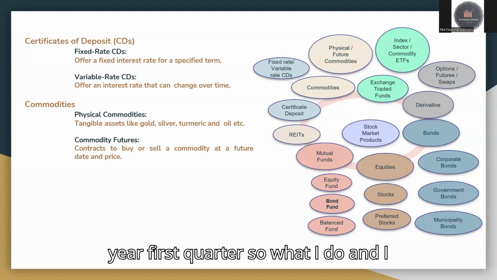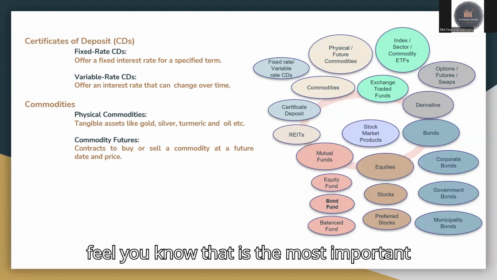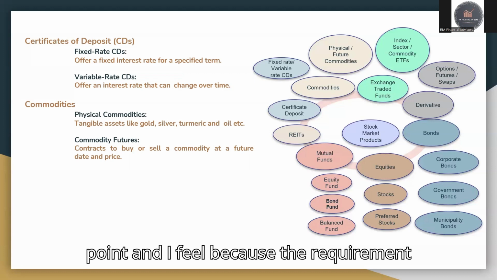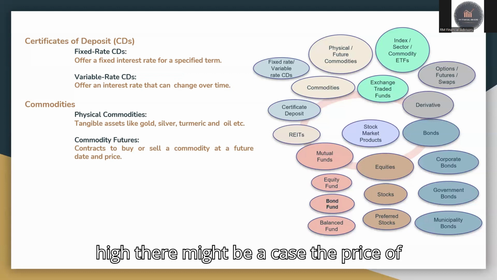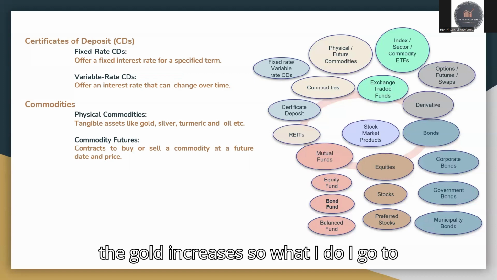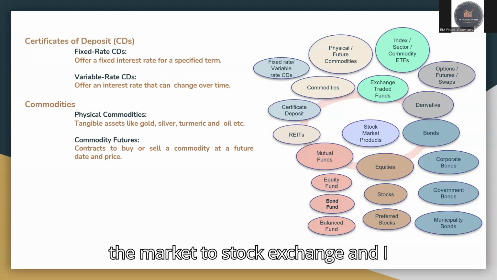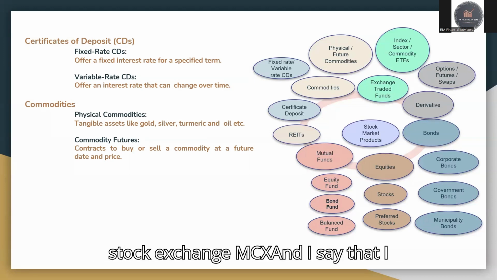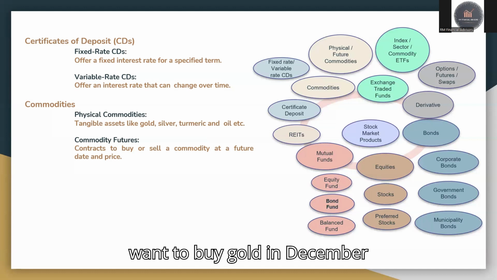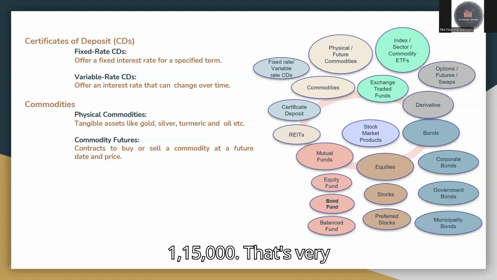So what I do, and I feel, that is the most important point. And I feel that because the requirement will be high, because the demand will be high, there might be a case where the price of gold increases. So what I do, I go to the market, to the stock exchange, that's the future. I go to the stock exchange, MCX, and I say that I want to buy gold in December, and today's price is 1,15,000.